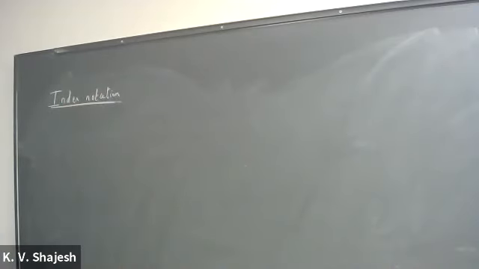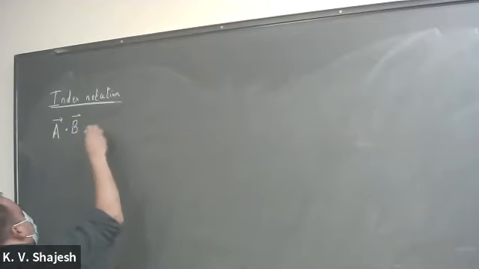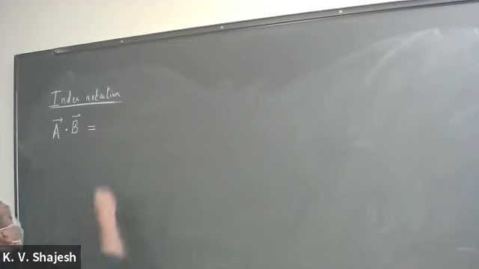I think it's also called Einstein summation notation. So the idea is that if you have a vector dot product, then this is easily written as a1 b1 plus a2 b2 plus a3 b3 in a particular coordinate basis, with the understanding that there is a choice of basis vectors.